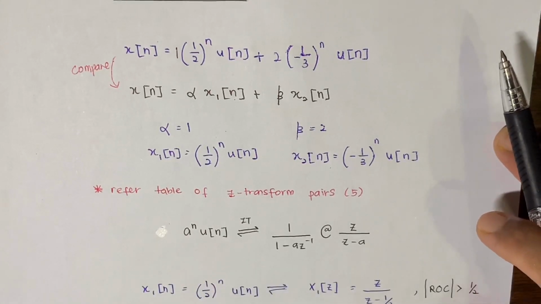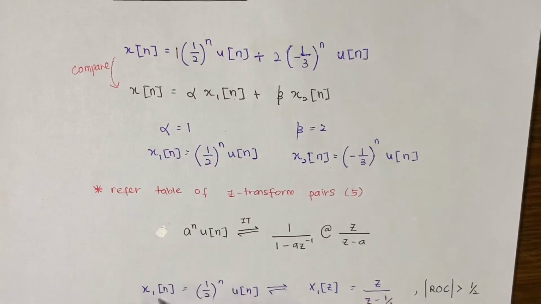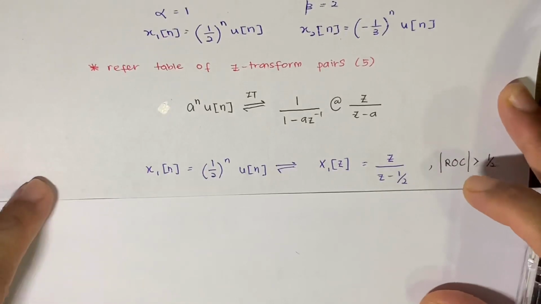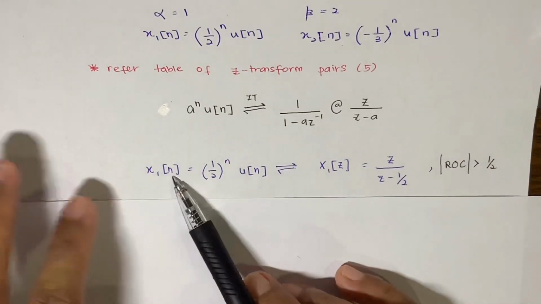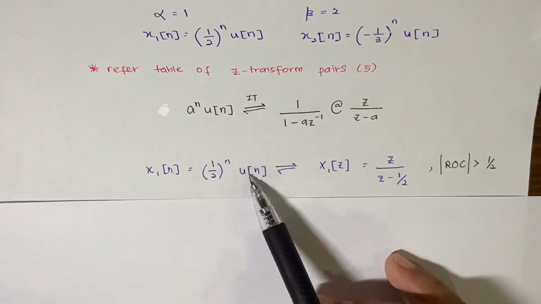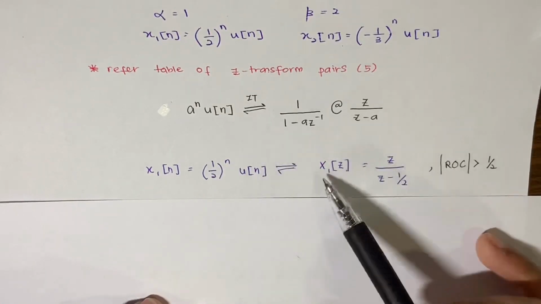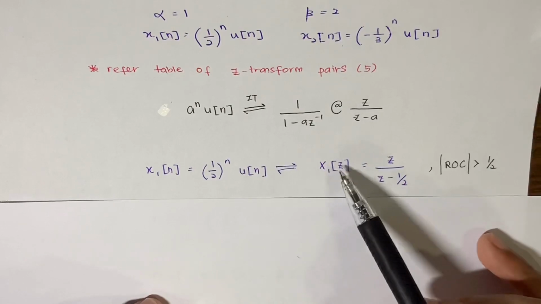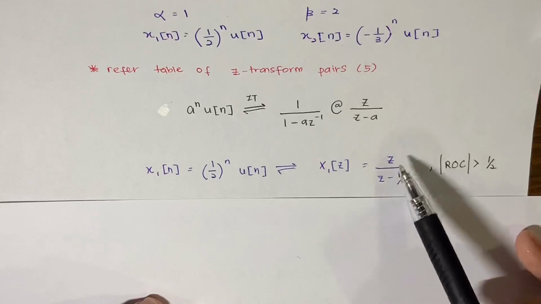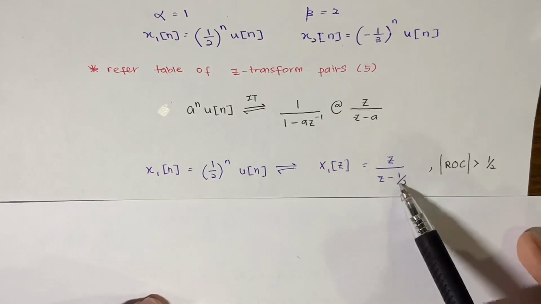Okay, next, we need to transform x1[n], which is (1/2)^n u[n], using Z transform. X1(Z) equal to Z over Z minus 1/2.